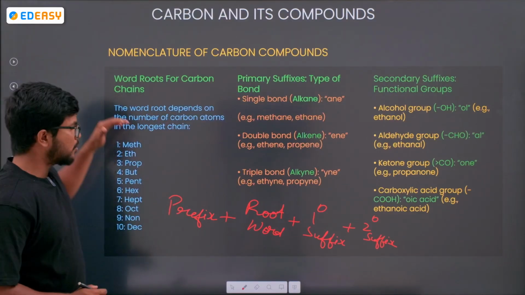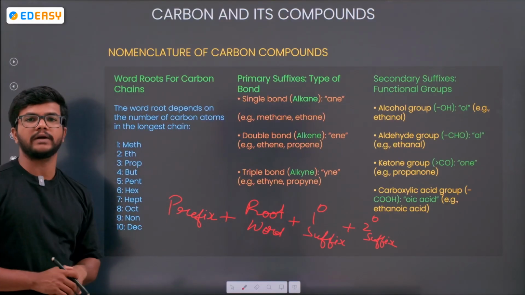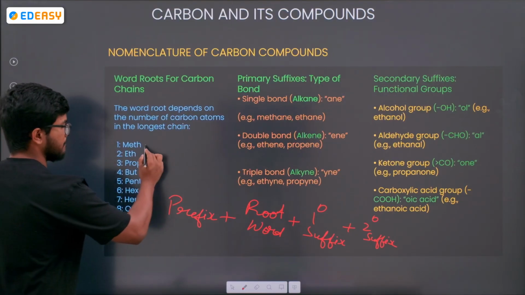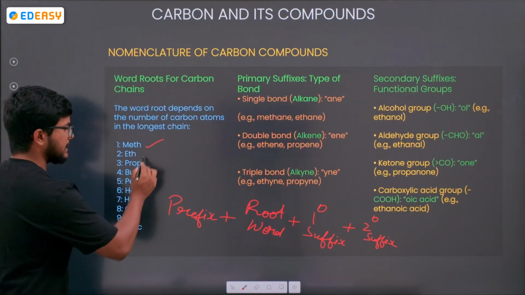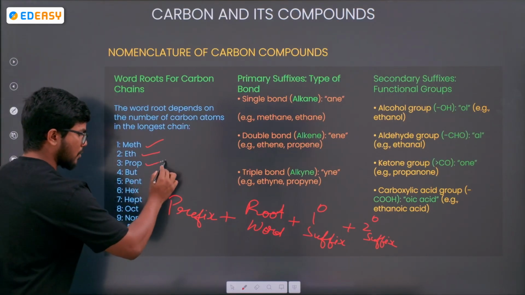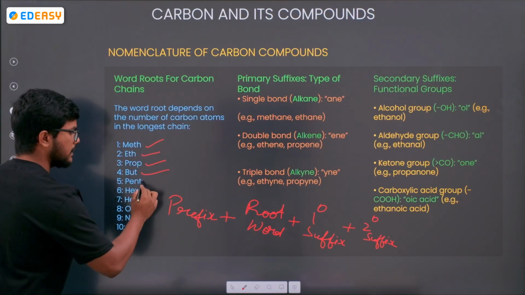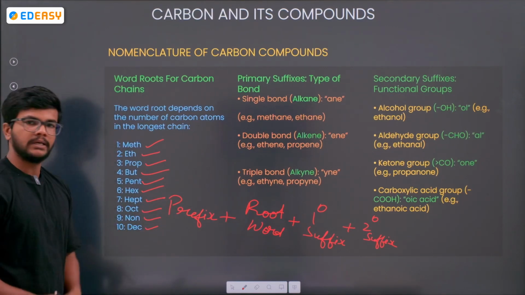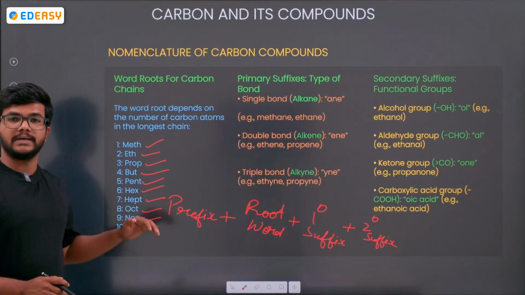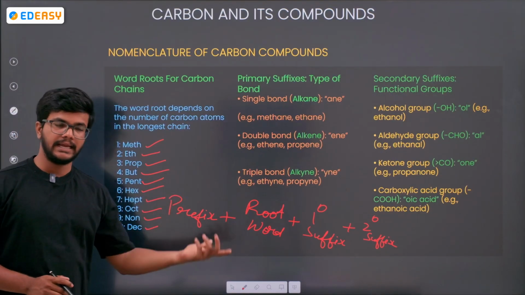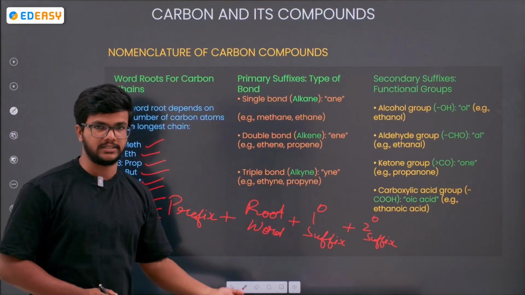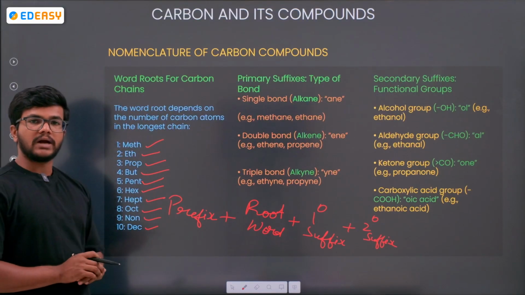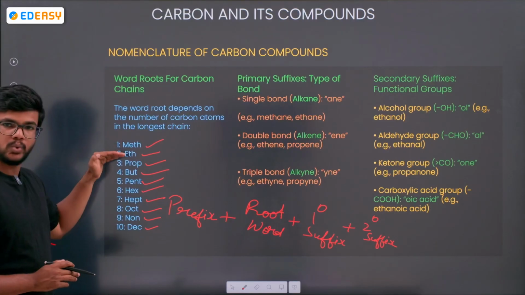So first, the root word is nothing but the number of carbons. If there is 1 carbon, then the root word will be meth, 2 carbons eth, 3 carbons prop, 4 carbons but, pent, hex, hept, oct, non, dec. So the number of carbons is named as the root word in the nomenclature. The number of carbons can be 1, 2, 3.